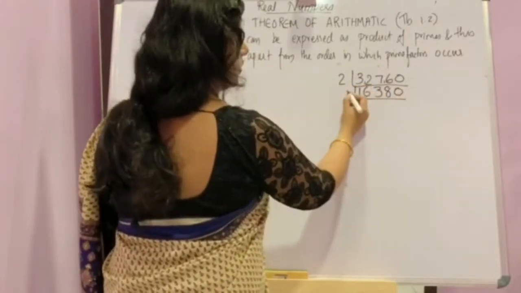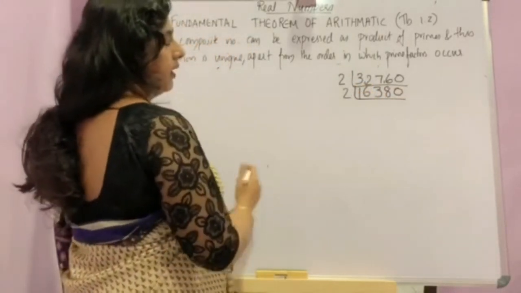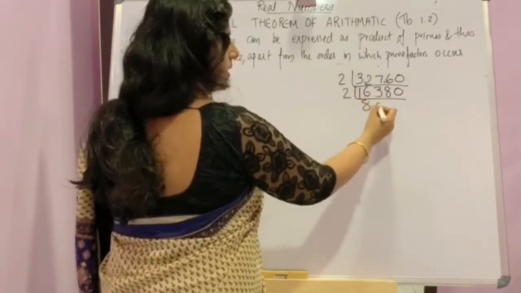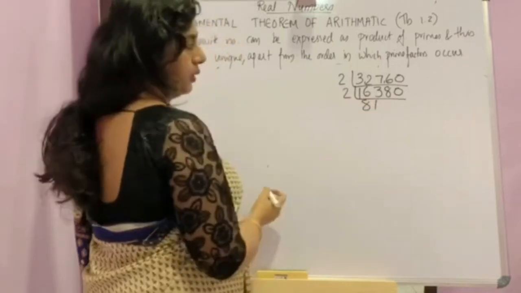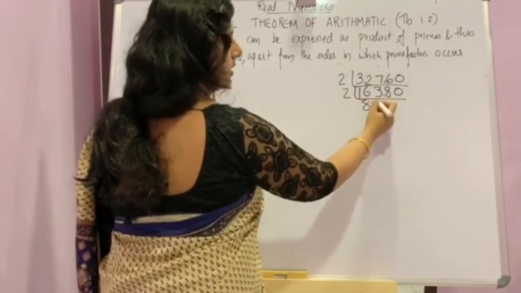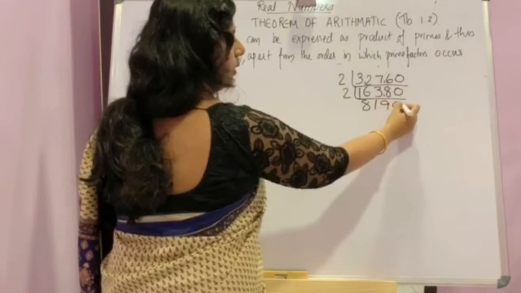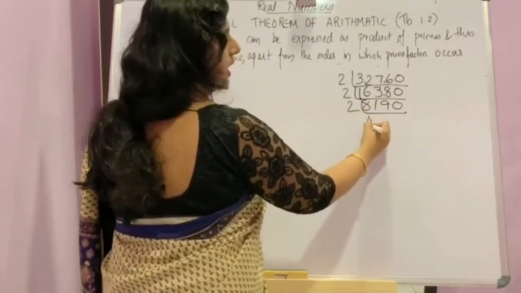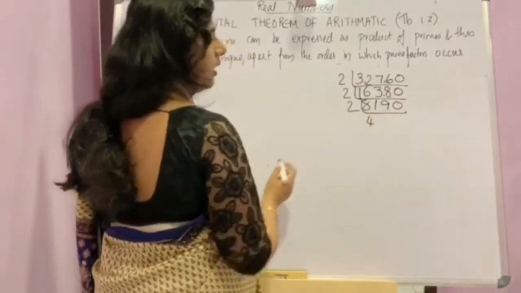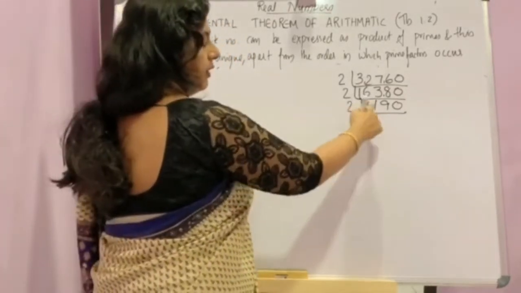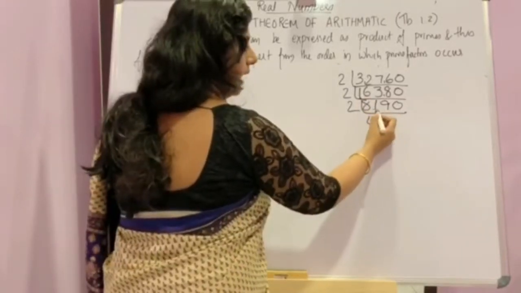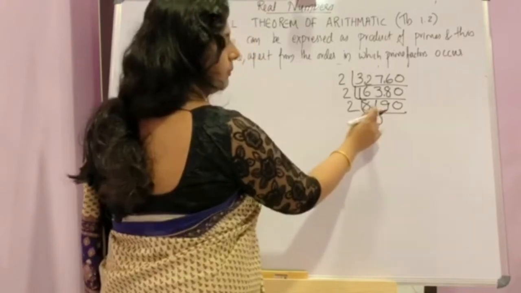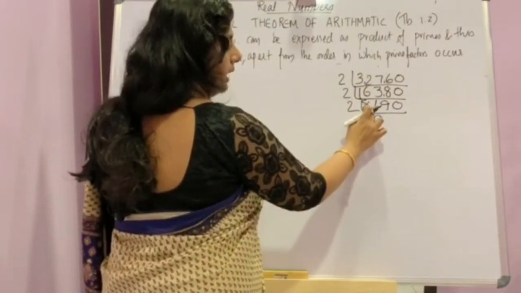Next, again 2 is divisible. Take the 16. 8 twos are 16. Now in 3, 1 two is 2, balance is 1. 18. 9 twos are 18. Carry down the 0. Again in 2, 4 twos are 8. In 1, 1 is not a multiple of 2, so we take 19 together, and we put 0 here because we are not multiplying it with 1.